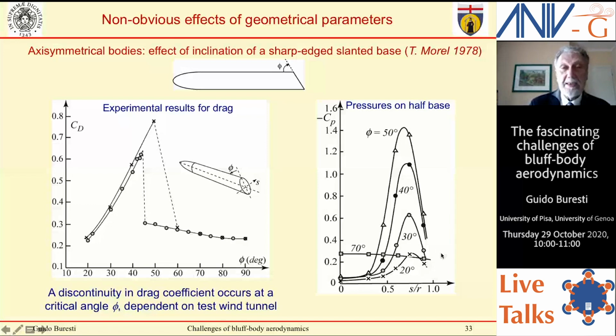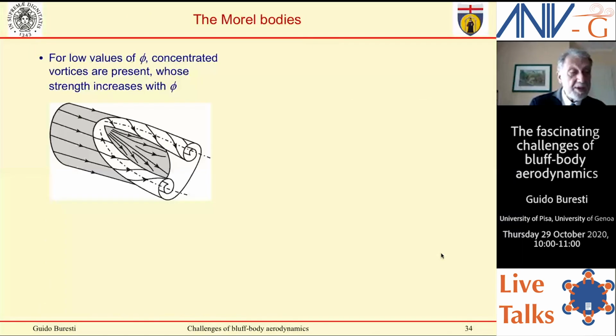Where does this come from? This comes from the configuration of the flow, and from the presence and the rising of two concentrated vortices from the edge of the base. For low values of the angle, you have these vortices which increase their strength as the angle increases, so increase their strength, increase drag.